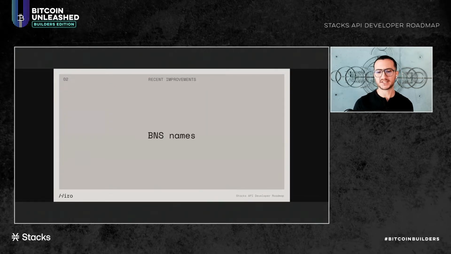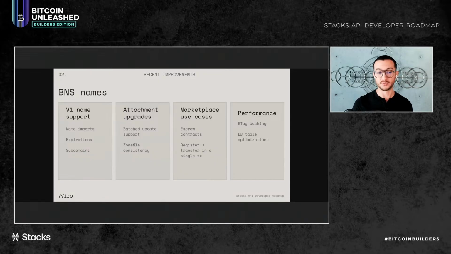So for BNS names, we've done a very important thing. First of all, we've improved how we support names that existed from Stacks 1.0 chain. So we greatly improved the name import process. We've recalculated all the expirations to make sure that we display them correctly.